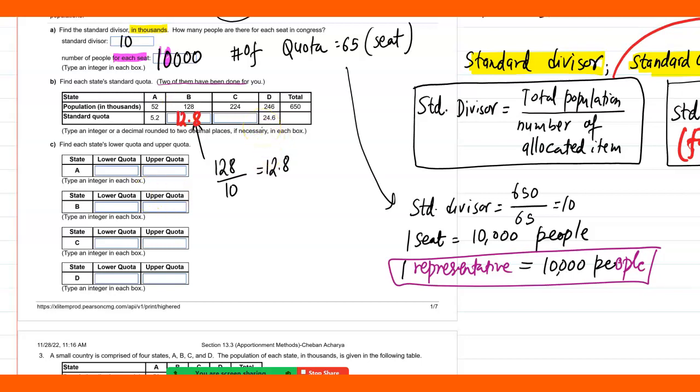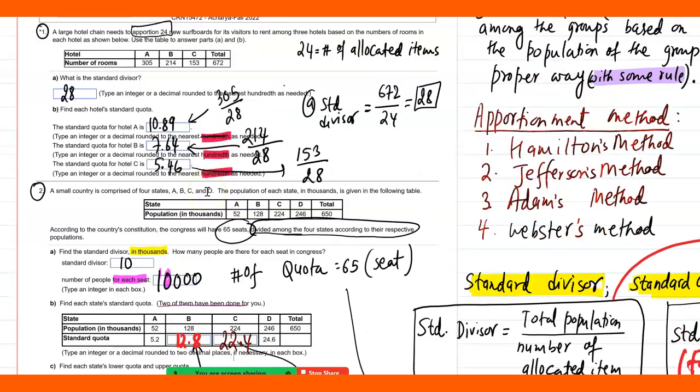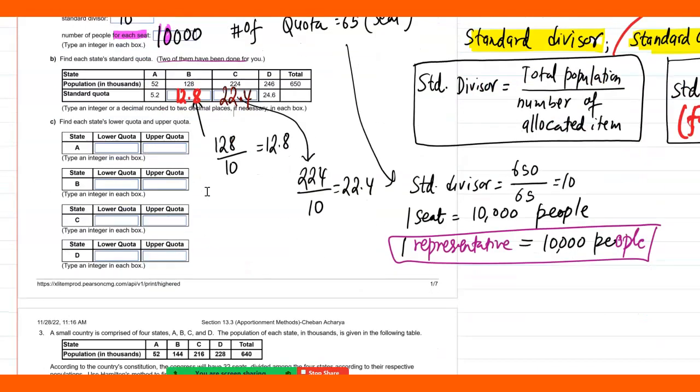For C, 224 divided by 10. Notice that 10 here is the standard divisor. Which gives you 22.4. That's how you find the standard quota. Remember that we did that before as well.